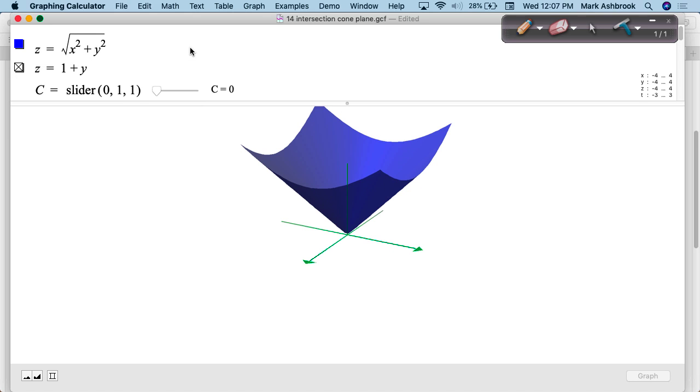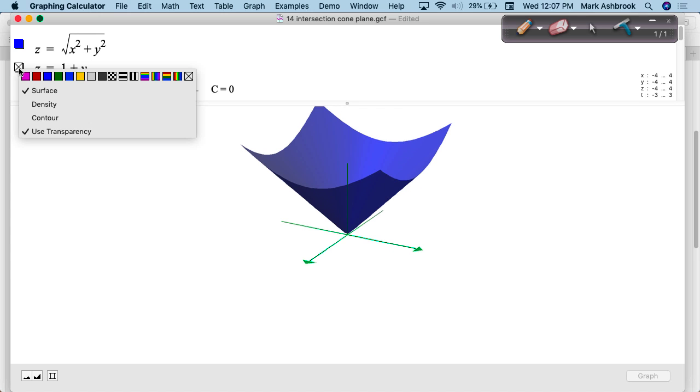Depending on the inclination of the plane is going to determine what we get when these intersect. The sides of our cone are linear, at a constant rate, like a 45-degree angle. So is our plane. So what will we get when they intersect?